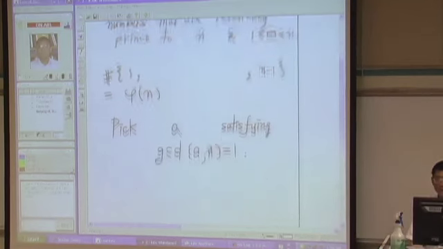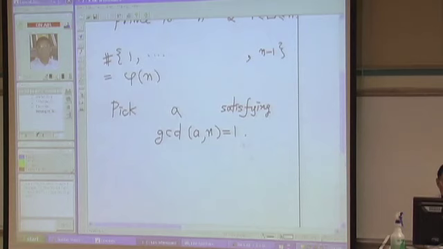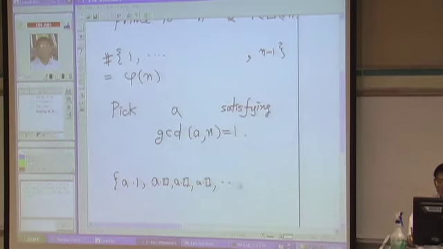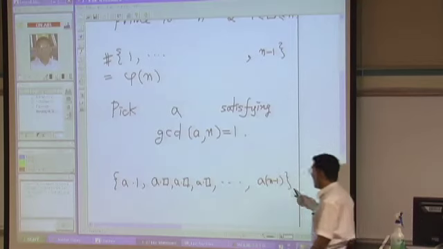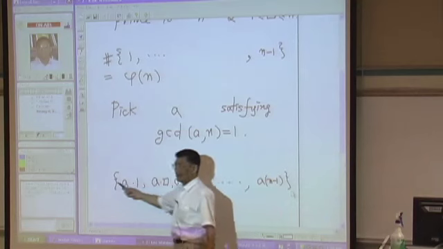Now what I want to do is this. Multiply everything here by a. So a times 1, and then a times something, and then a times something, and then a times something. So everything is multiplied by a. In this sense, how many numbers can you count in this set?